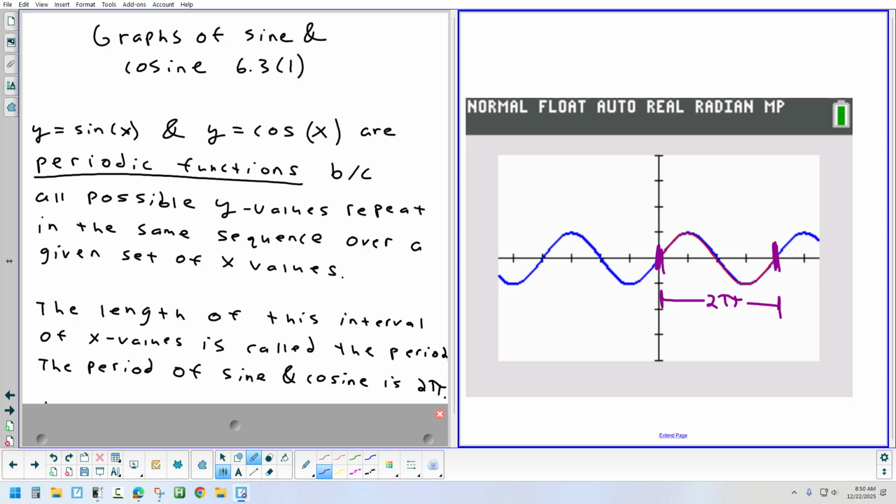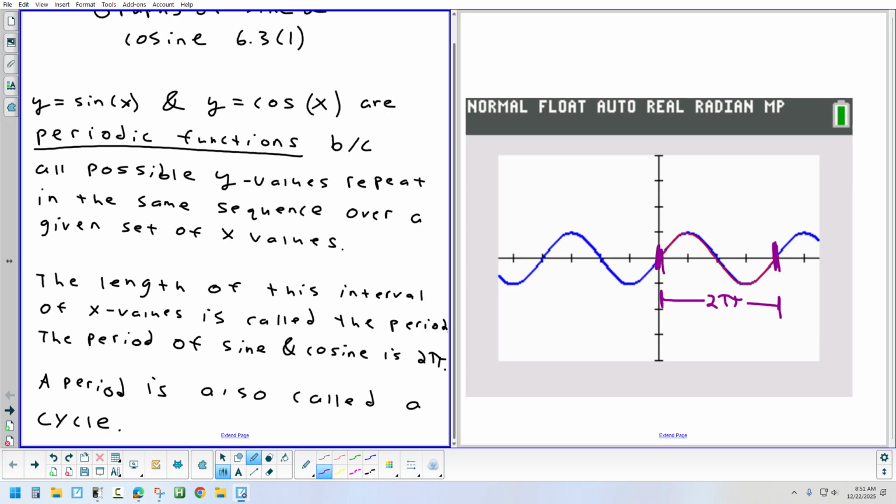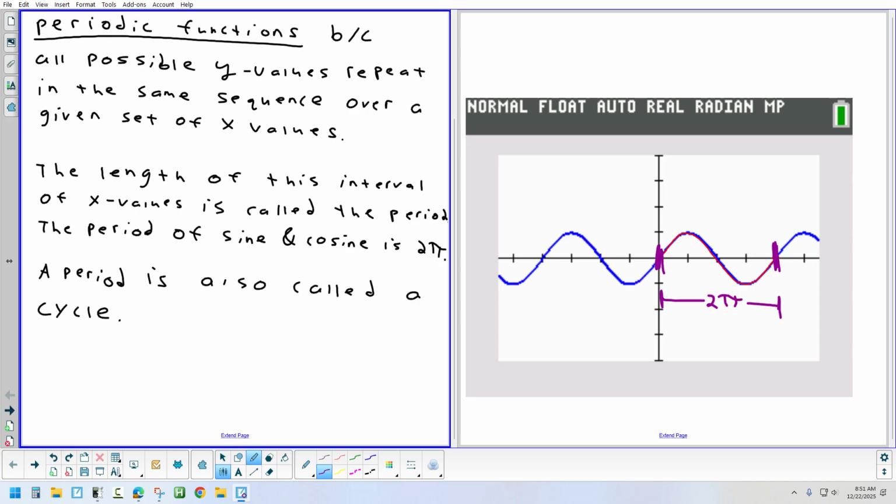If you don't travel 2 pi units, you will not travel one full cycle. You've got to travel 2 pi units to get one full cycle of the graph. So you'll hear me use the 2 words interchangeably, a period of the graph or one cycle of the graph.